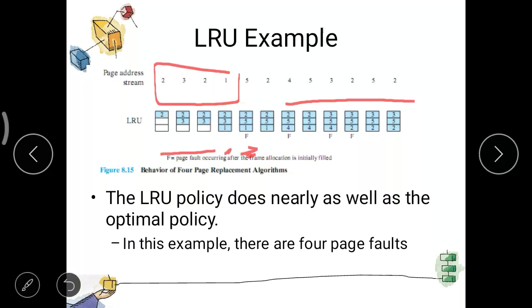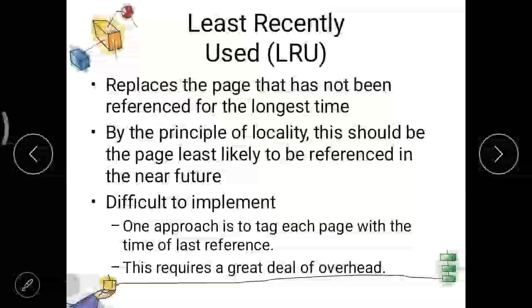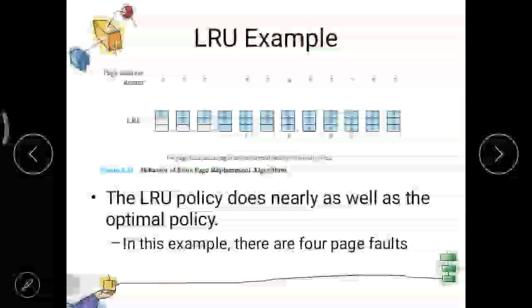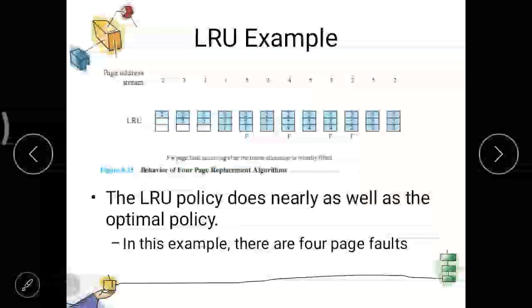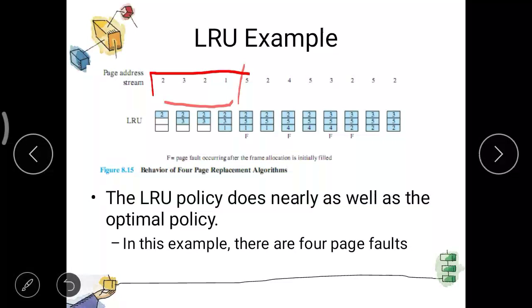But here, in least recently used, by the principle of locality, we need to know in which order the pages were called earlier, that is, which is least recently used.